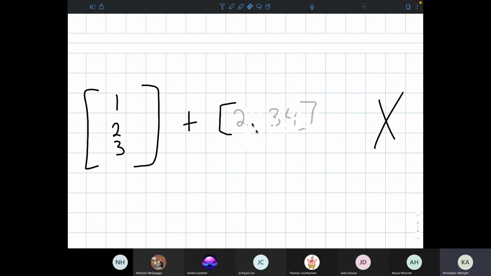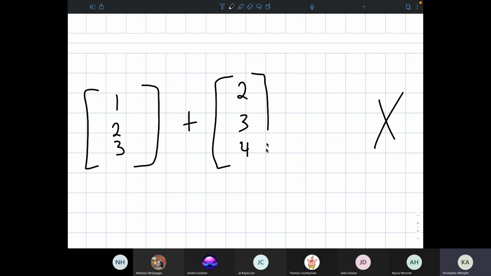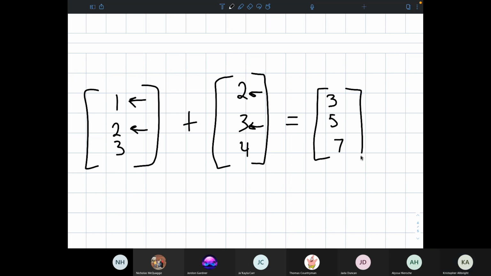Same type of box. So if instead we had another column matrix with 2, 3, 4, this is okay. When we add these, all we're doing is adding corresponding elements. So we're adding this element to this element, this element to this element. So we get 3, we get 5, and we get 7.